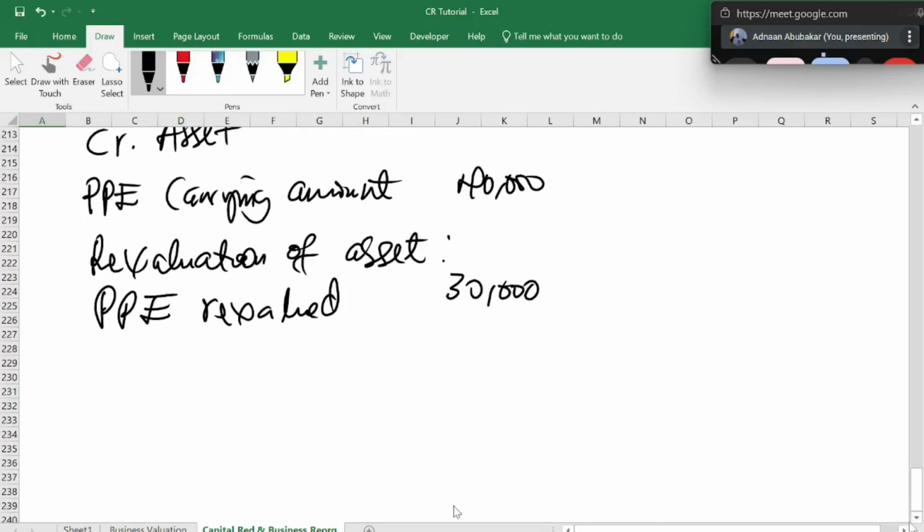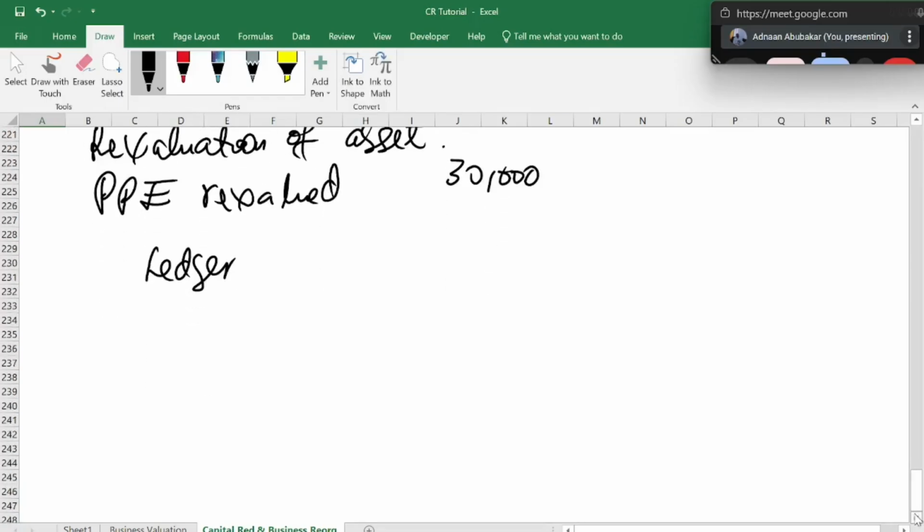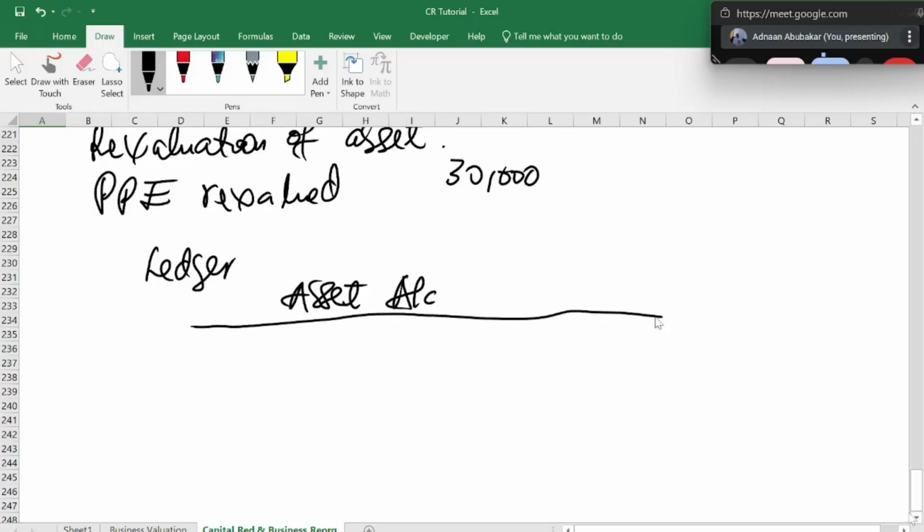When that happens, and you are confirmed like this, the next thing you have to do is prepare the ledger. So the ledger, you bring your asset, whichever the asset it is. So you have your asset account, you have your debit and you have your credit.